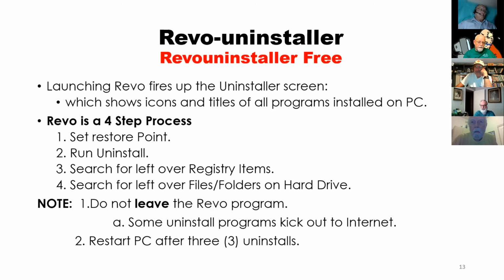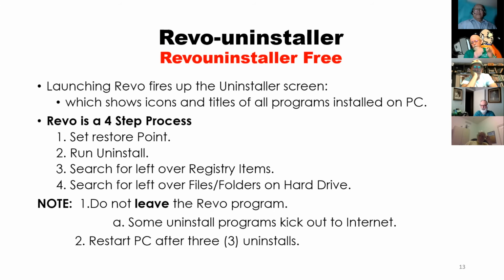And the reason I like it is because it's a 4-step process. Okay. First thing you do is set a restore point. So if you take something off your PC you shouldn't have taken off, you can go back and recover. Then they run the uninstall program that's associated with the software you're removing. And sometimes you get into a little hassle right here, because when they start to do that, the software to uninstall the program might kick you out to the internet and to the website where it came from.